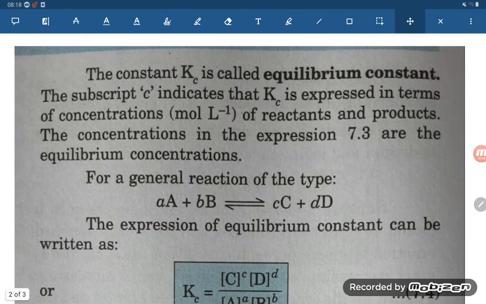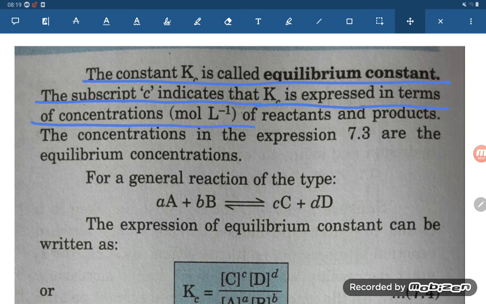Now let us have a look at Kc. The constant Kc is called the equilibrium constant. The subscript c indicates that Kc is expressed in terms of concentration, moles per liter, of the reactants and products. The concentrations in the expression 7.3 are the equilibrium concentrations.